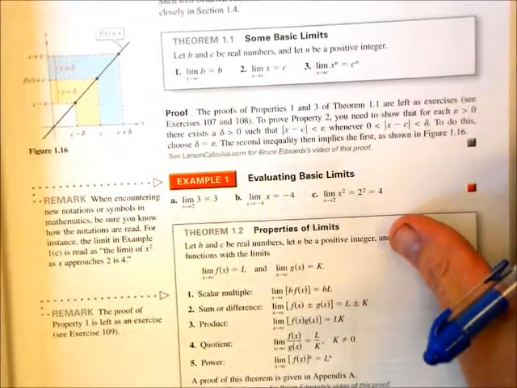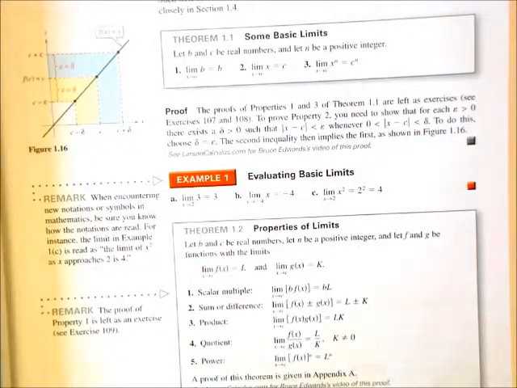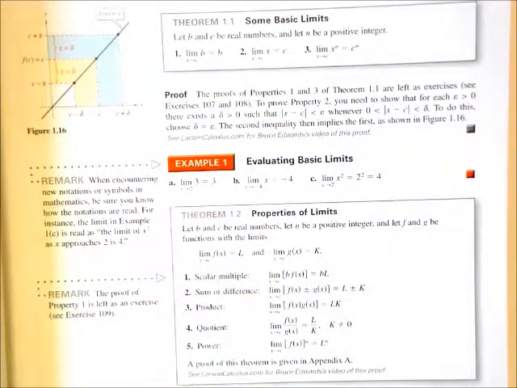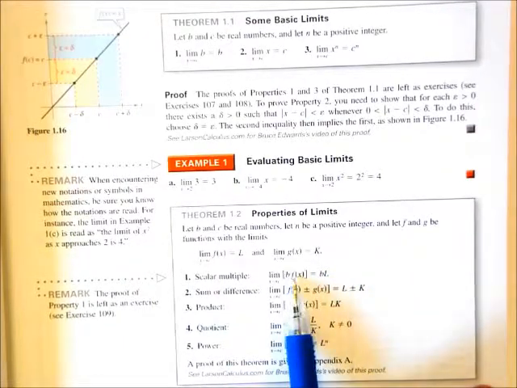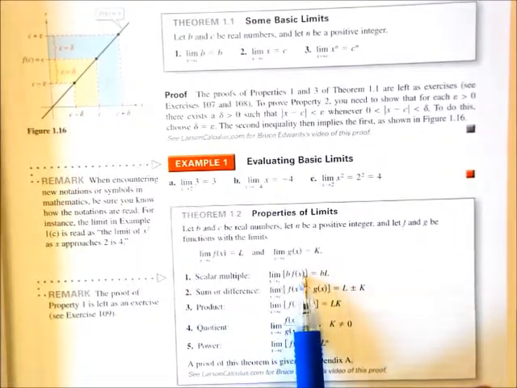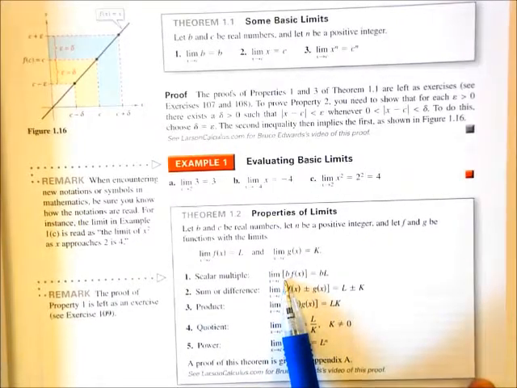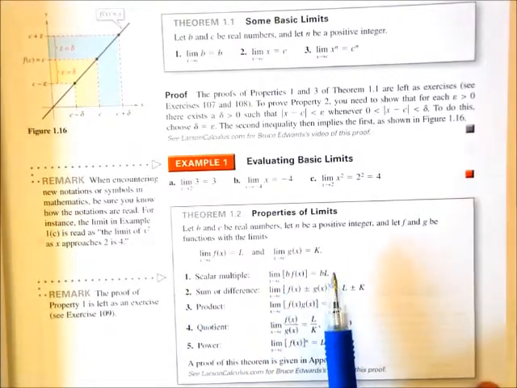All right, and then we have 5 more properties down here. And I'll just give examples of these real quickly in a minute. This one says, if you have some limit and you multiply by a number, then what happens to your final answer? Just multiply it by that number.